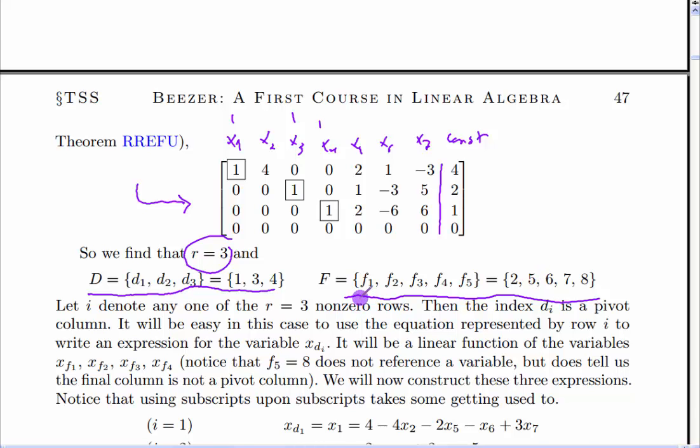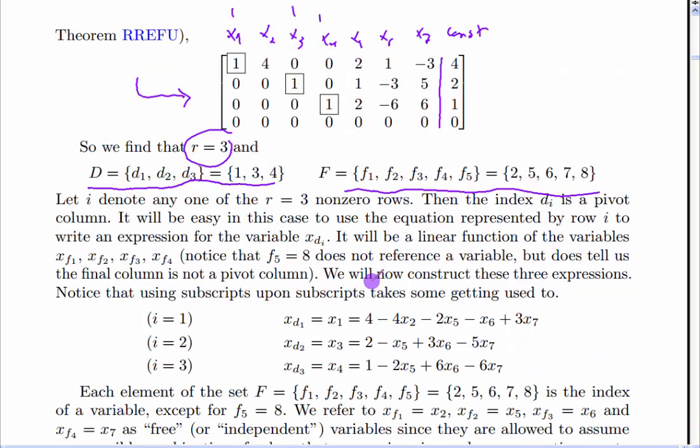All right, so let's see how we work on getting a solution here. Once you have an equation like this, remember what this really means. This first equation is x1 plus 4x2 plus 2x5 plus x6 minus 3x7 equals 4. Now, you could take all of these variables and put them on the other side.